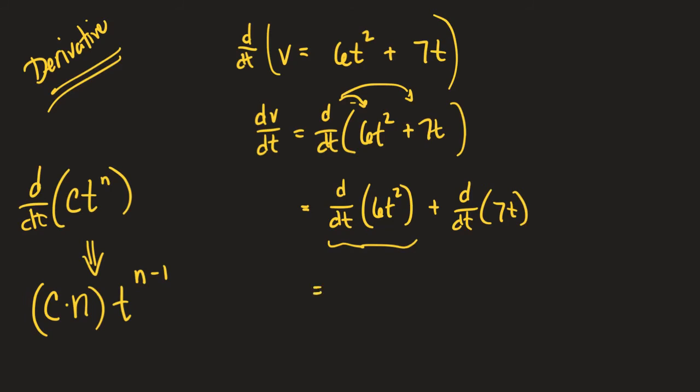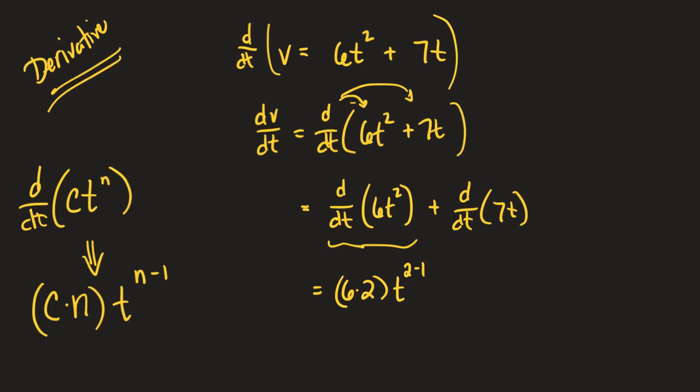So, I'm going to go to that first term. That first term requires me to bring the 2 down and multiply by coefficient 6 times 2. Bring back down my variable and subtract 1 from the exponent. That will be the first term in my polynomial. I'm good.